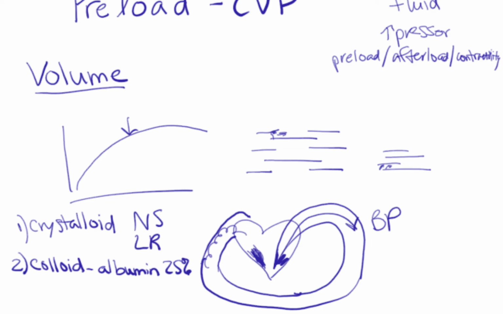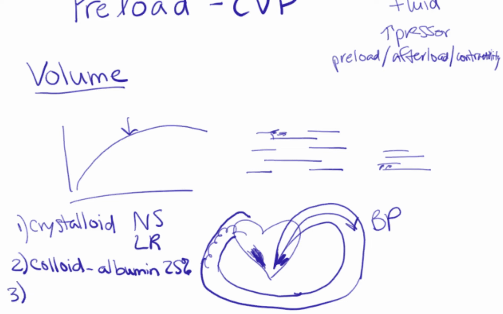And the albumin won't leave the vessel, meaning that it draws fluid towards it. So the takeaway from that is you can give less volume total into their IV, but you can increase their intravascular volume more per what you're adding compared to a crystalloid solution.